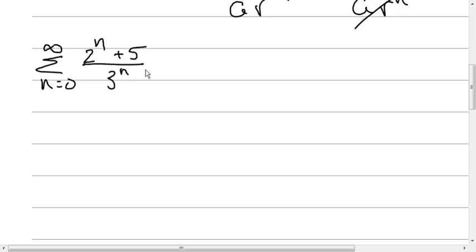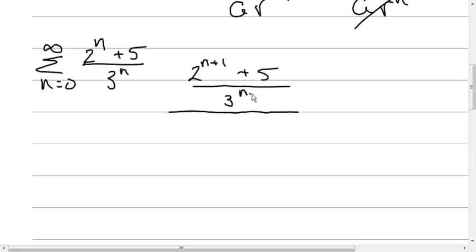We're trying to figure out what this thing does. To use the ratio test, let's make a ratio. In the numerator we've got (2^(n+1) + 5)/3^(n+1), divided by this term here, which would be (2^n + 5)/3^n.